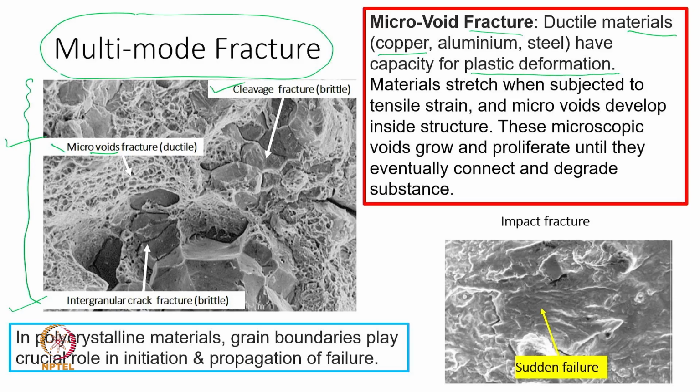We know that when there is some sort of gap or initial discontinuity in a material, and then the material is subjected to tensile stress, what will happen? Microvoids will develop inside the structure. It is because of the loading, and plastic materials can bear plastic deformation to some extent. They can change shape a little bit, and that is why the microvoids are generated inside the surface. These microscopic voids grow and increase in number by connecting with each other, and finally try to degrade the surface.